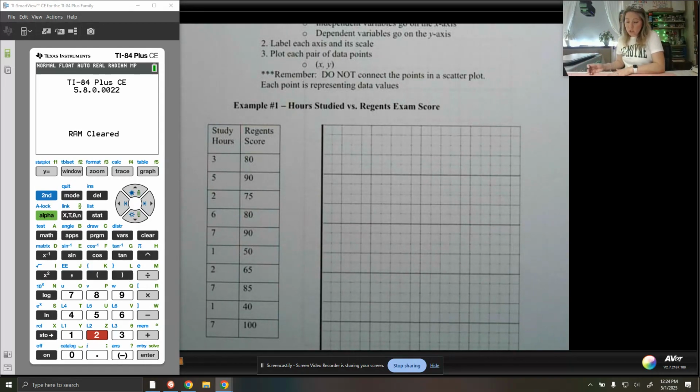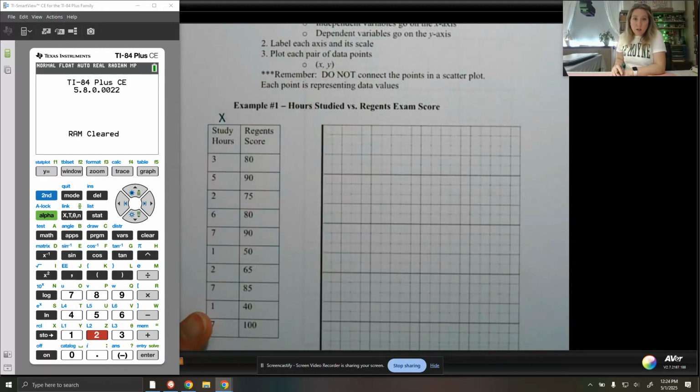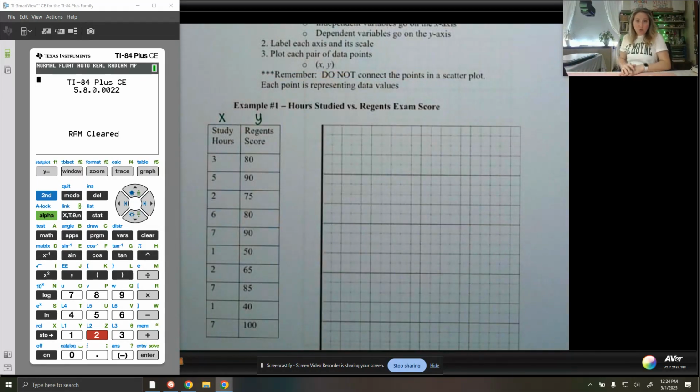Okay, so first things first, with our scatter plot, we need the data. Now notice that this table of data already put our study hours into our X column and our Regents score into our Y column. So this already did that for us. What we're going to do is look down all the study hours and then look at our graph that we've been given and scale our X side of our graph.